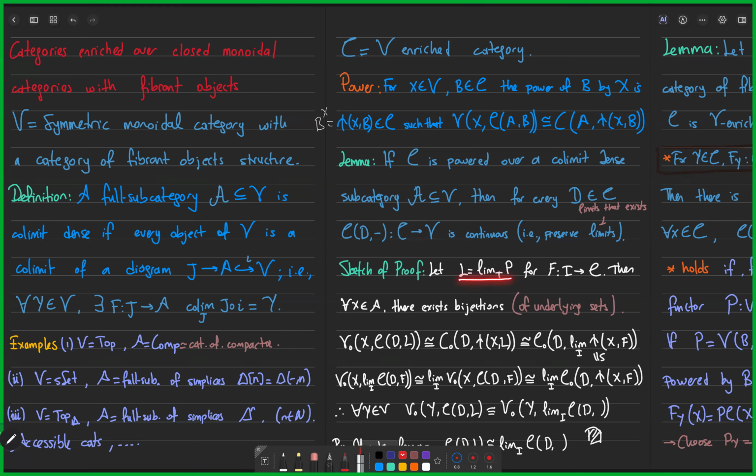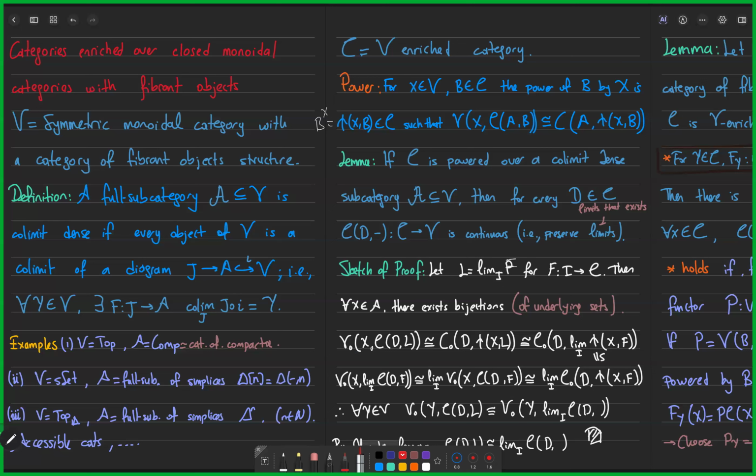If you choose a functor F from a small category I to C, such that the limit exists, so L is the limit, then we have a sequence of bijections of the underlying sets.